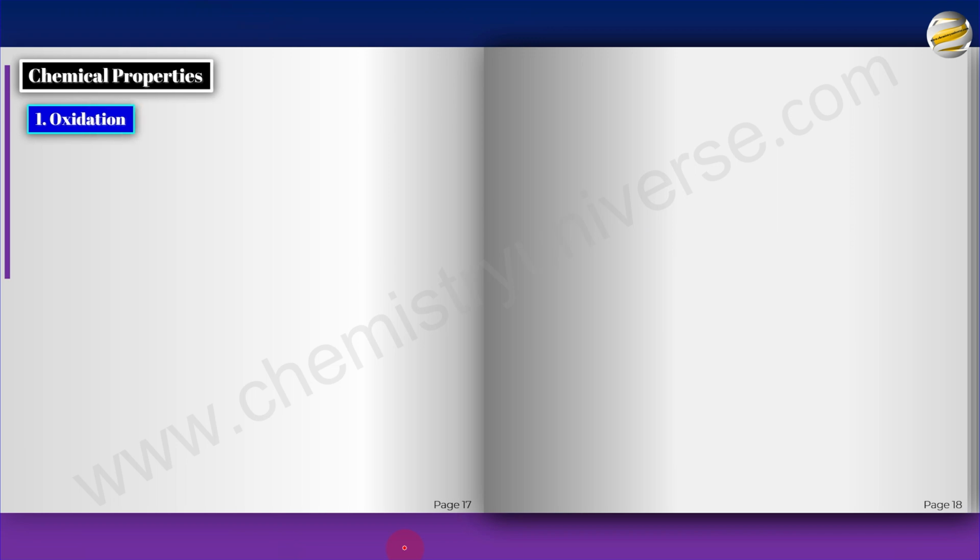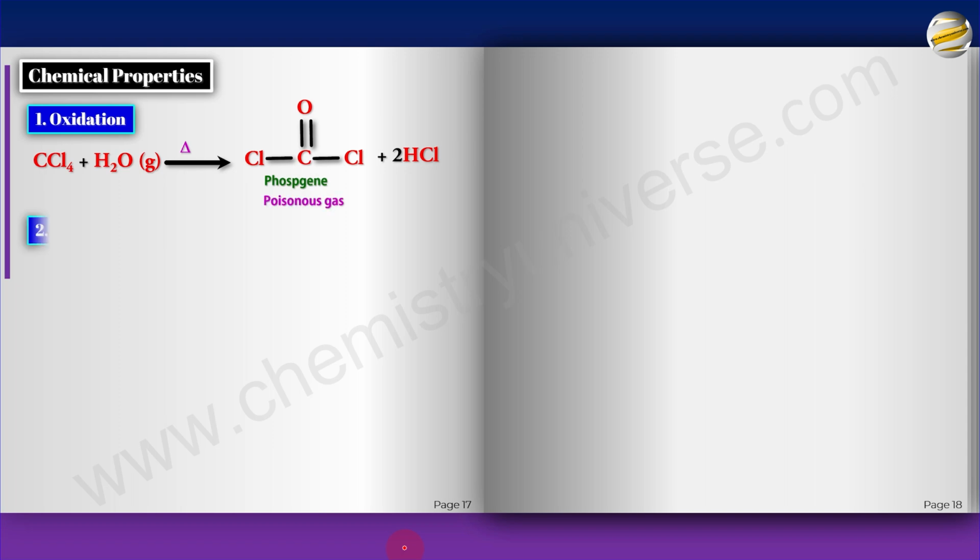And some of the chemical properties are similar to chloroform. The first is oxidation. Again, it gives you phosgene gas. Then you have hydrolysis, and you know that CCl4 gets hydrolyzed. All the Cls become 4OH. You'll get CO2. CO2 in the presence of KOH will give you potassium carbonate.